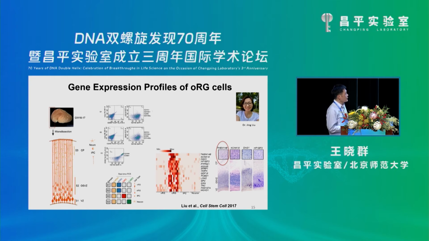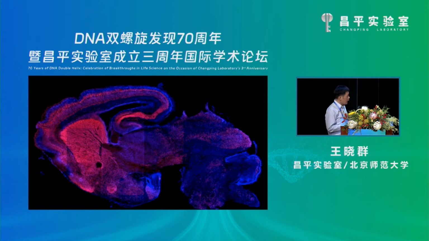So how do we validate the gene's function related to the OSVZ region? One of the things we did was to overexpress this primate-specific gene in the mouse brain. We made a transgenic conditional knock-in mouse.